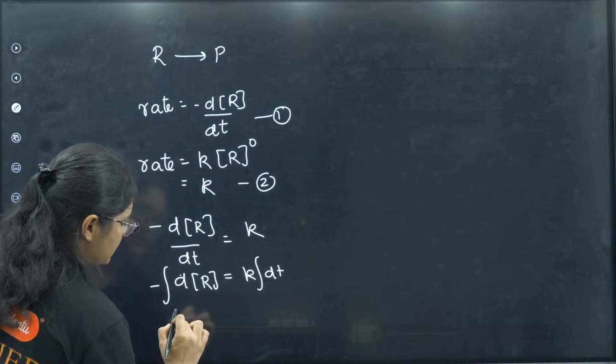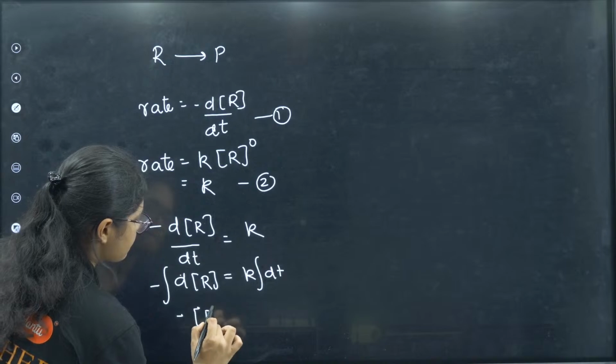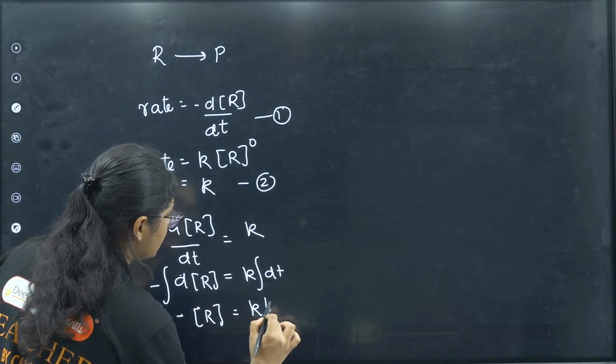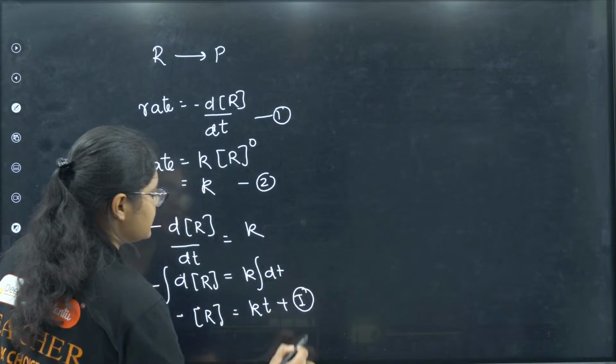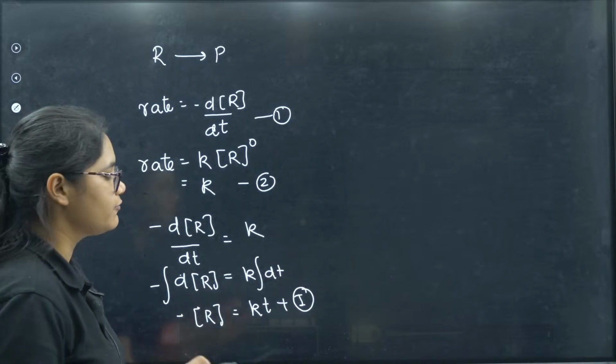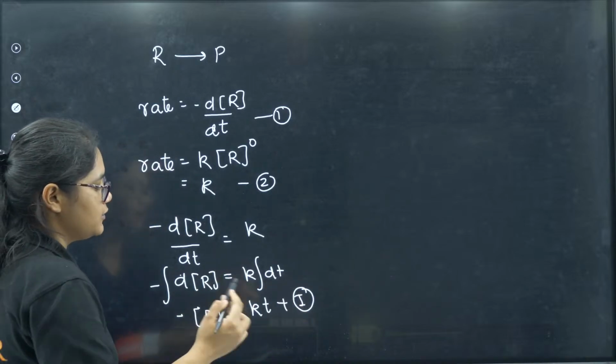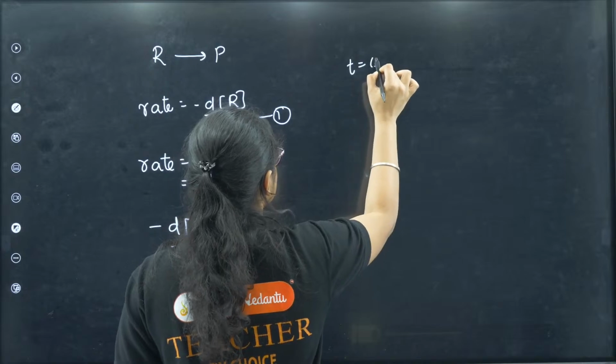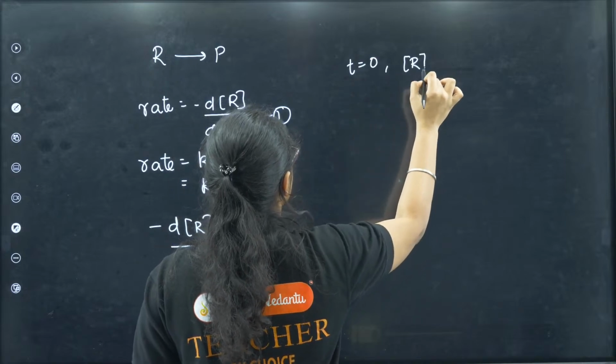So I will get minus R equal to Kt plus I. Here I is an integration constant. You have to find the value of I. To find the value of I, you take time t equal to 0 and R equal to R0.